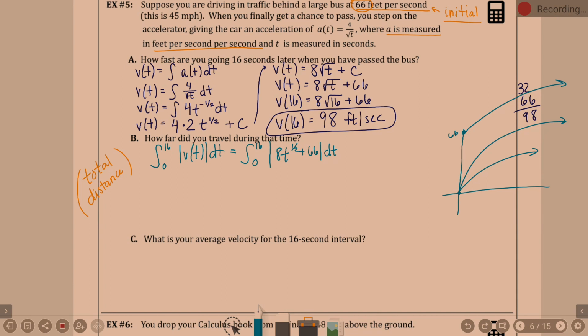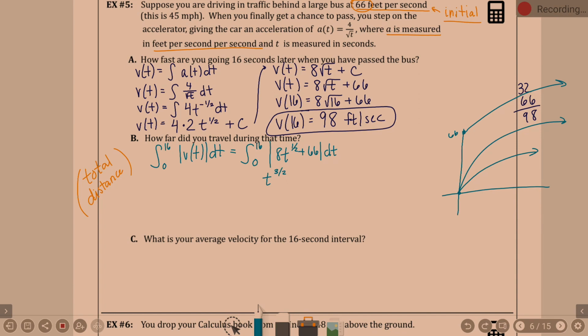I'm going to add 1 to the power, so that's going to be t to the 3/2. We are on a calculator problem. Add 1 to the power, 3/2.